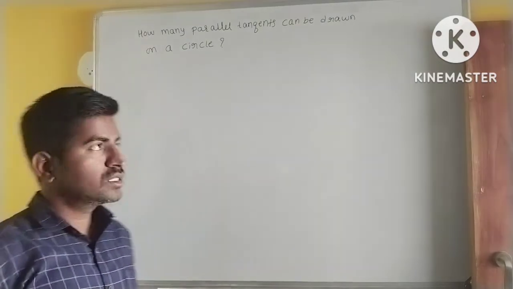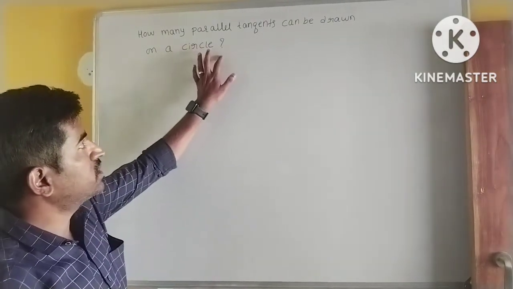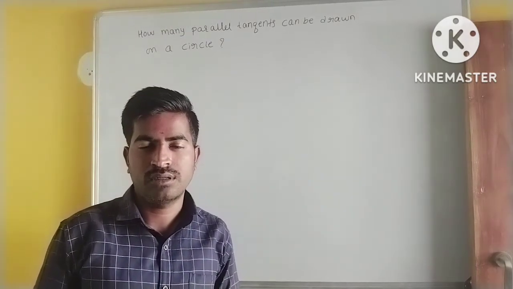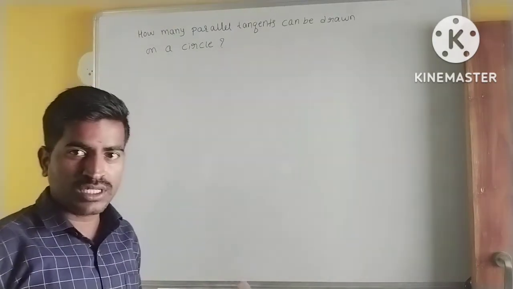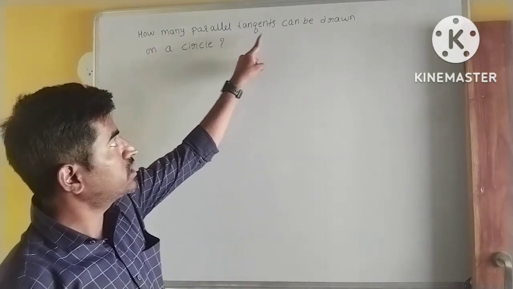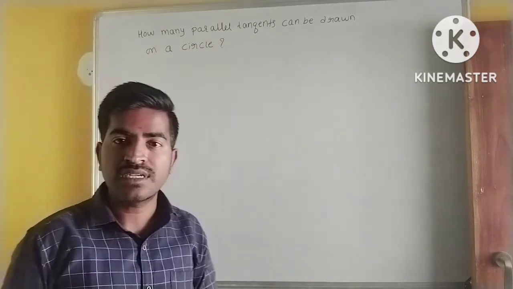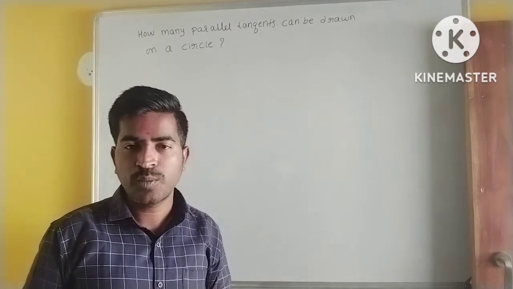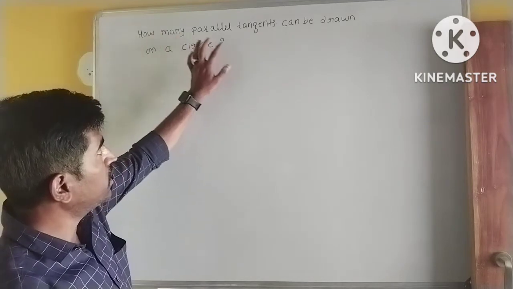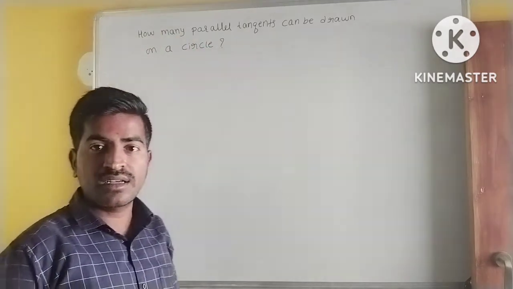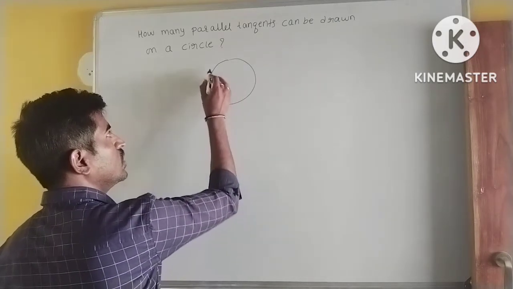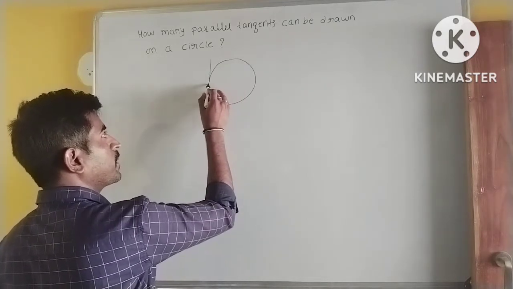One more question. How many parallel tangents can be drawn on a circle? Just see the difference between the earlier question and this question. The earlier question was how many parallel tangents can be drawn for a given secant line? Only two parallel tangents are possible. But here, how many parallel tangents can be drawn on a circle? You can draw infinitely many parallel tangents.